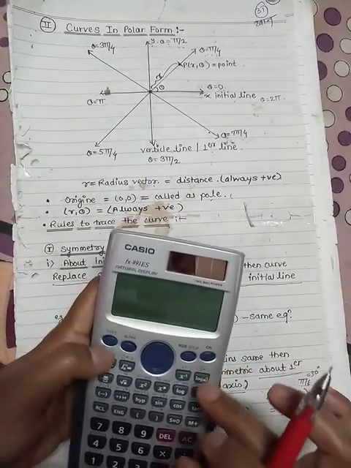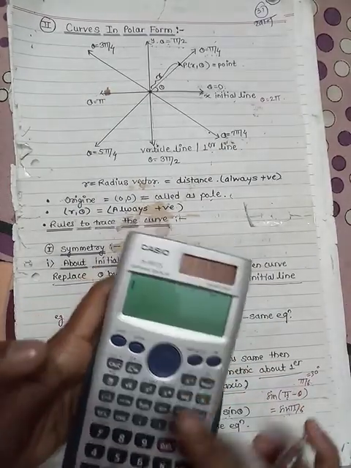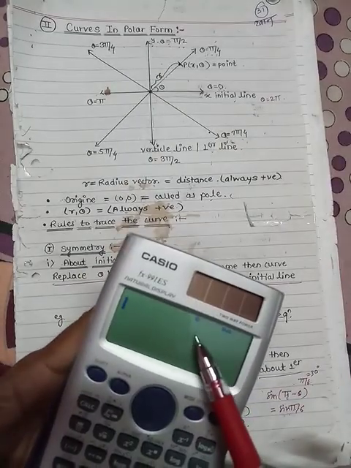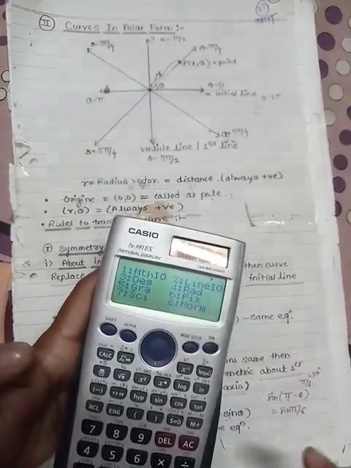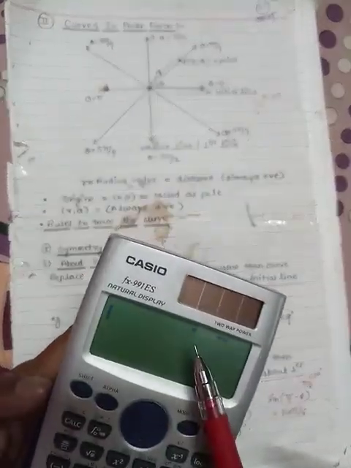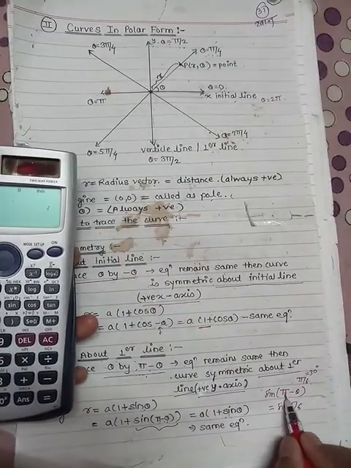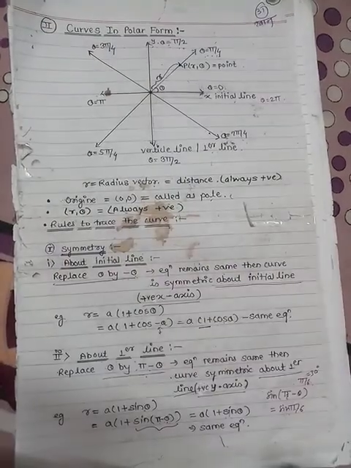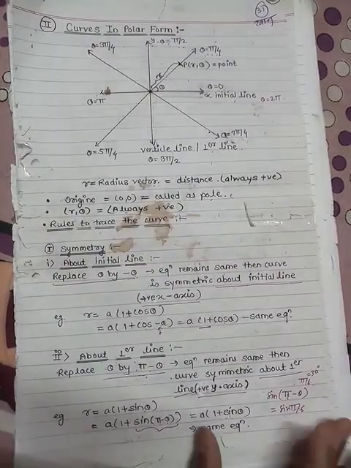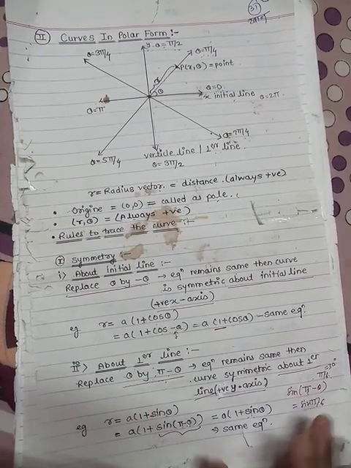Shift, then mode: press 3 for degree form, press 4 for radian form. So while doing the calculation in the pi notation, we have to set the calci in the radian form and then do the calculation.